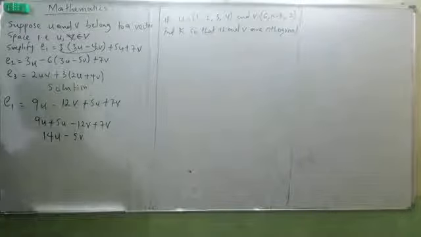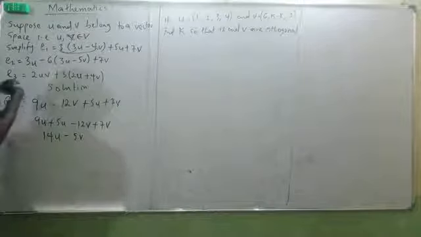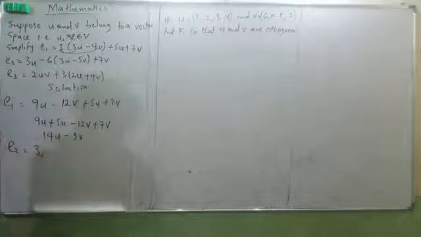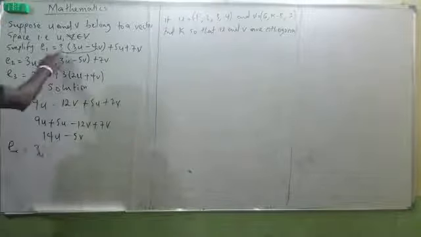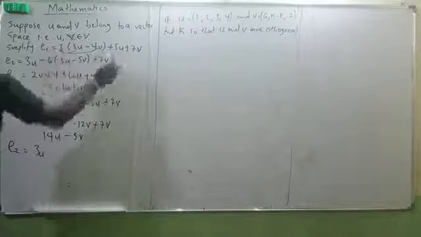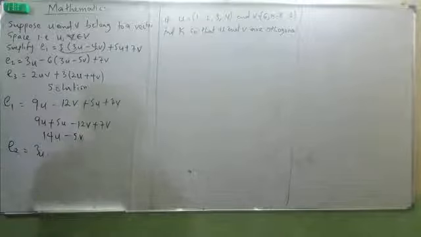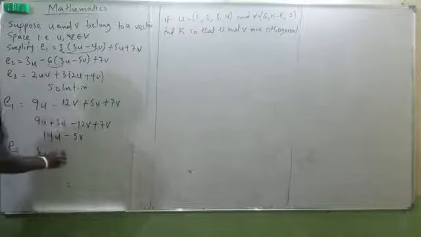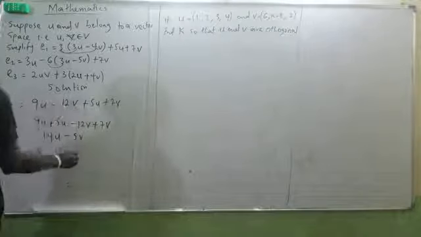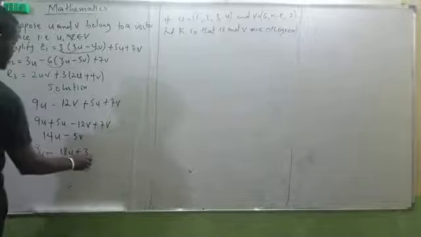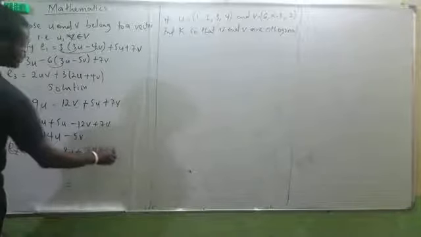The next one, I have my u2, which you can do by yourself, having 3u, 9, 12. Now, 3u minus this times this, it will be 18u plus this times this, it will be 30v plus 7v.